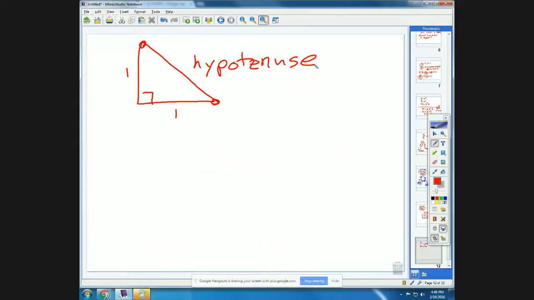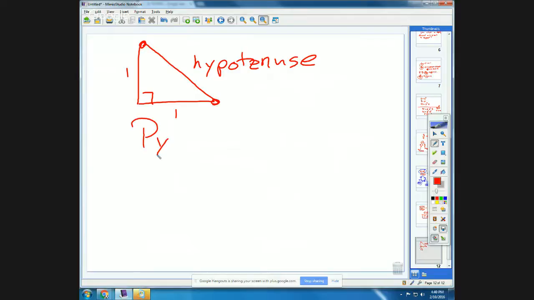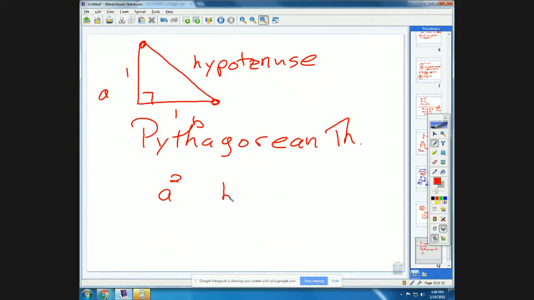What famous theorem can I use here? Pythagorean theorem. It says if you take the legs, usually called A and B, and you square them and add them up, that's always equal to the square of the long side.